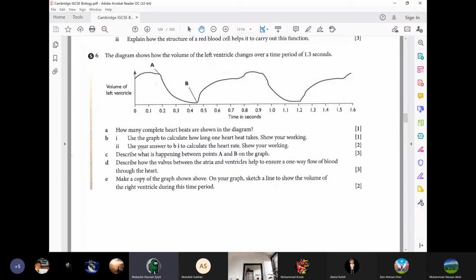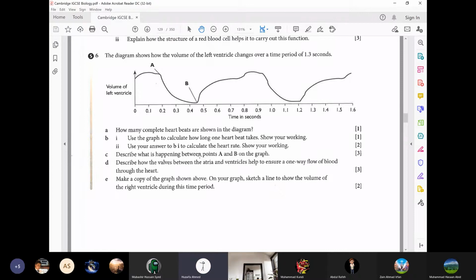Now, use your answer to B1 to calculate the heart rate and show your working. How much time is it taking? 0.8 seconds, we just decided, right? Now, how many seconds are there in 1 minute, boys? 60.